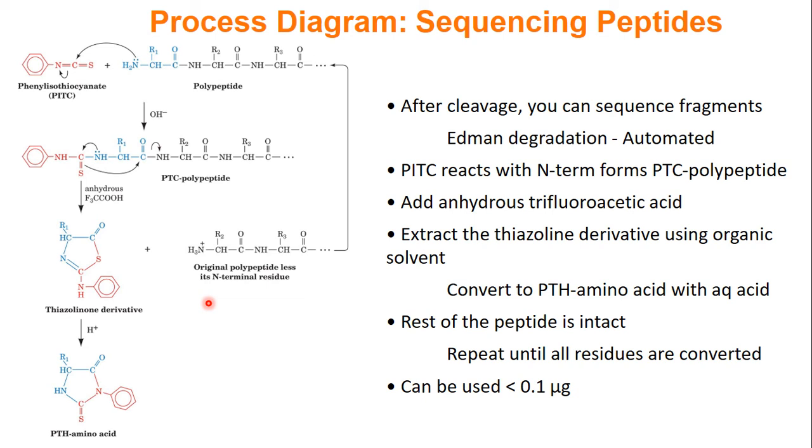And the great thing about this method is that you don't need a lot of protein to sequence it. You only need less than 0.1 micrograms, or 100 nanograms of protein for this to happen.